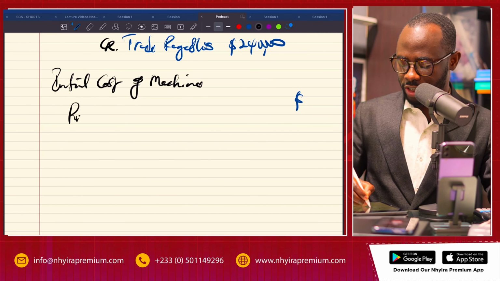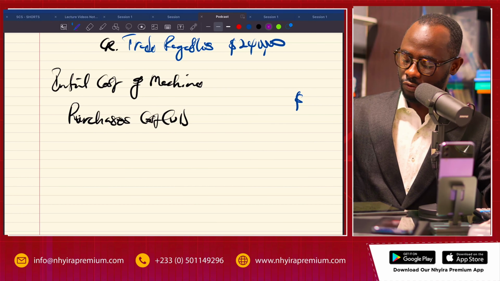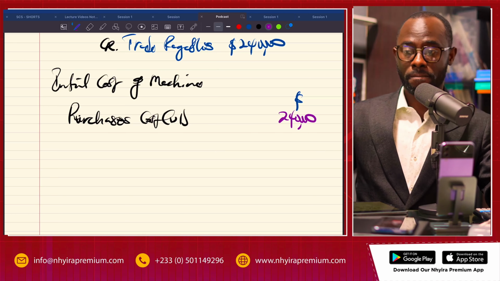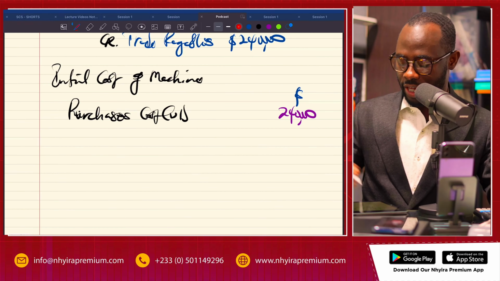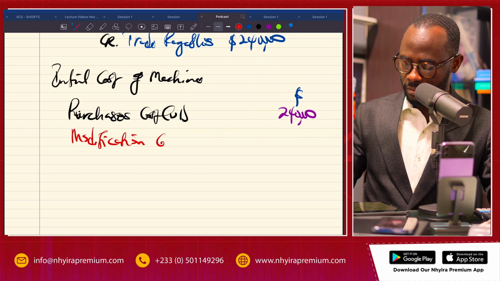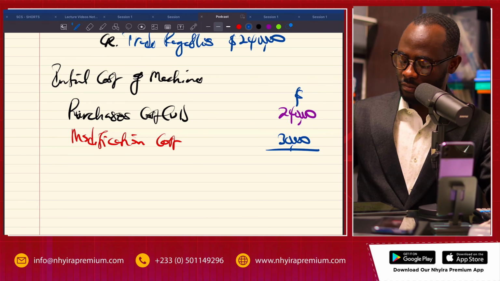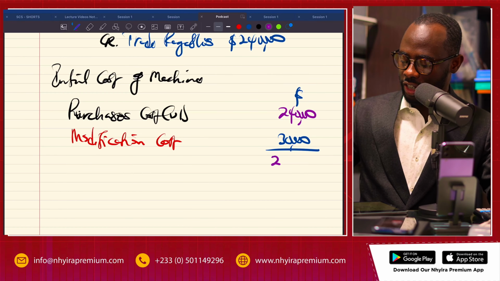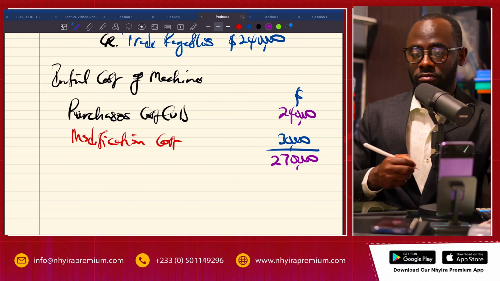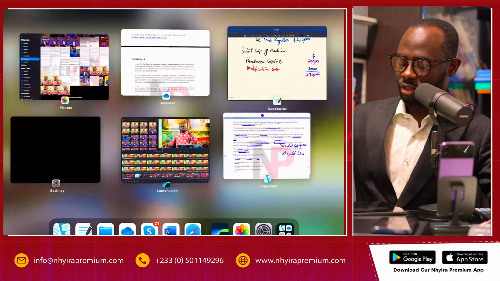We bring in the purchase cost coming from workings 1, the 240,000. Then we bring in the modification cost, which is given in the question as 30,000. So our initial cost will become 270,000. Sounds good? 270,000.